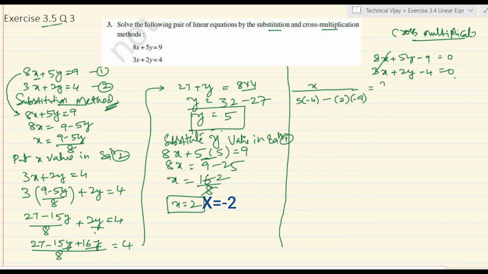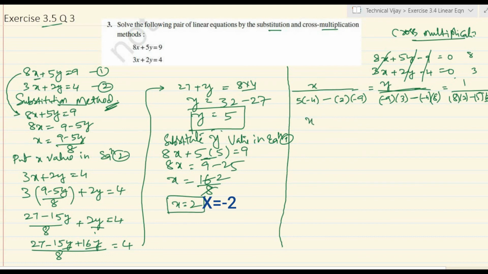This is equal to y divided by, mask this, and here minus 9 into 3, minus 4 into 8. So this is equal to 1 divided by, mask this, 8 into 2 minus 5 into 3.